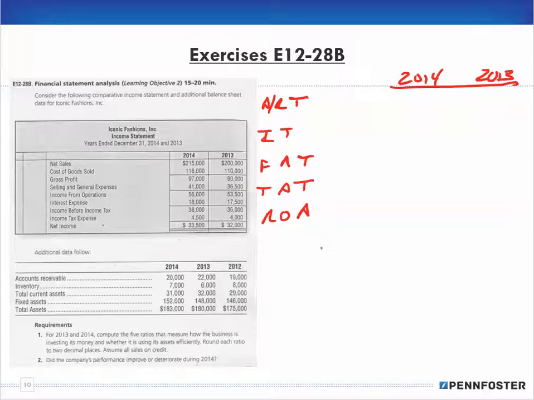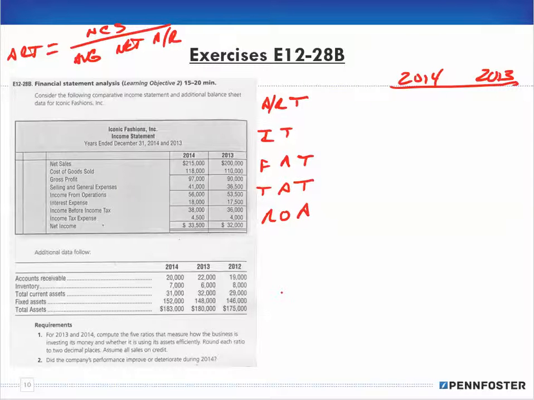Right. So for the accounts receivable turnover, we're looking at our net credit sales over our average net accounts receivable.